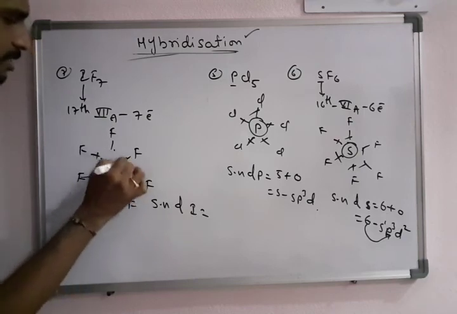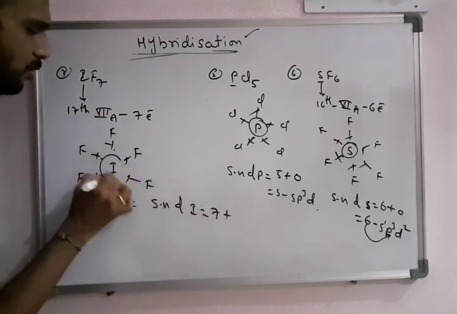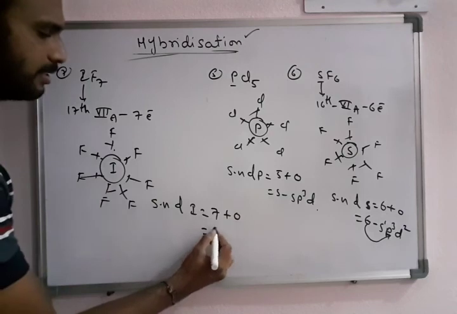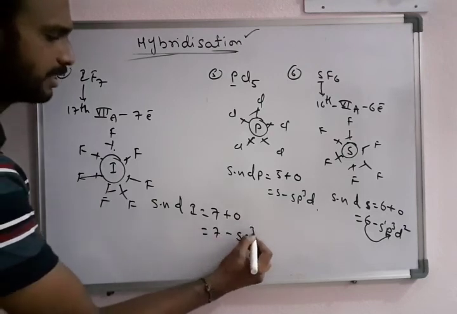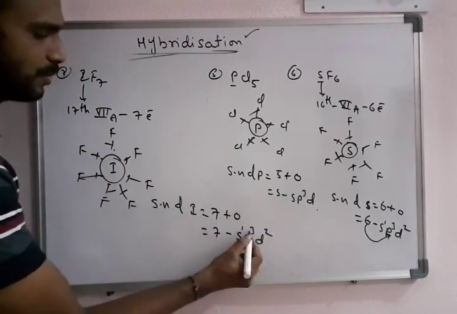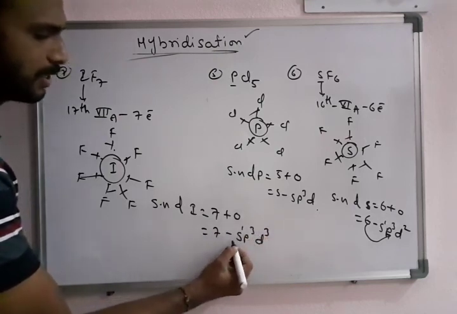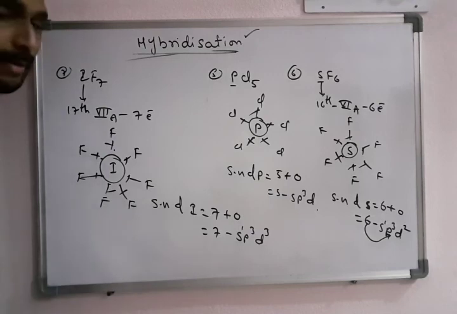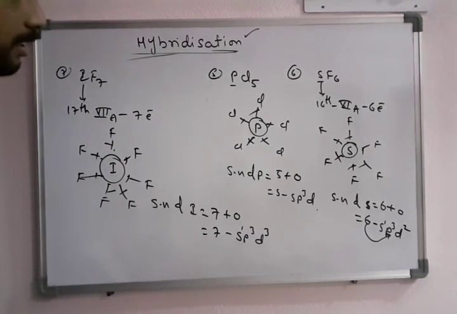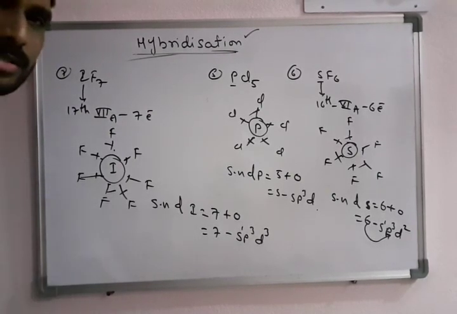There are 7 sigma bonds and no lone pairs on the iodine, so it equals 7. Counting s1, p3, 3 plus 1 is 4, 5, 6, it must be 7, so it undergoes sp3d3 hybridization. This is the general method to identify the hybridization in normal molecules.